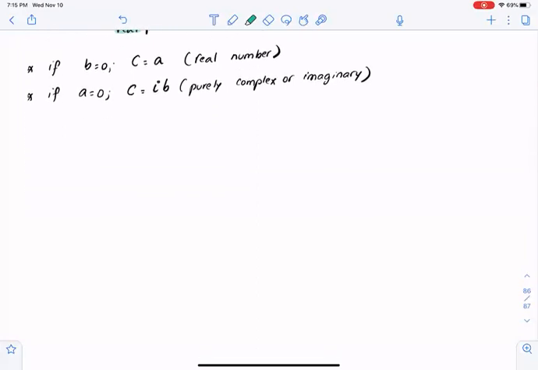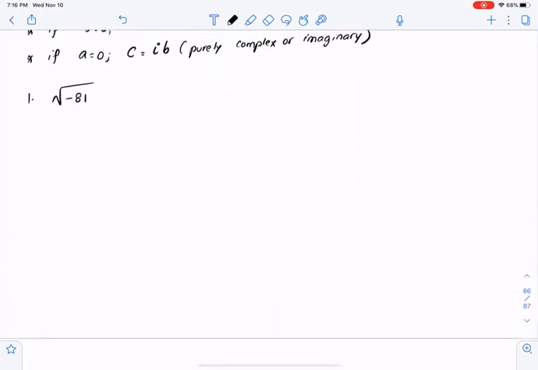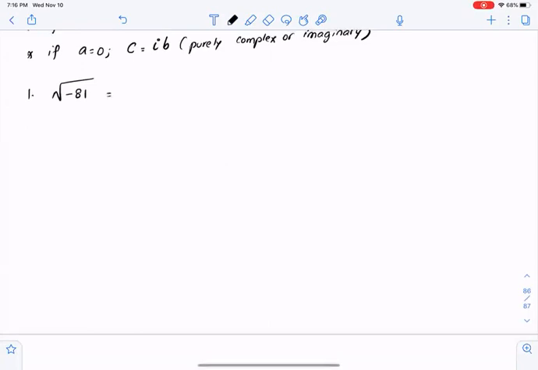So as an example, let's take the square root of negative 81. I can write this as the square root of negative 1 times the square root of 81. The square root of negative 1 is i multiplied by the square root of 81.